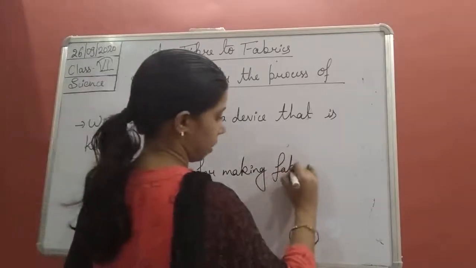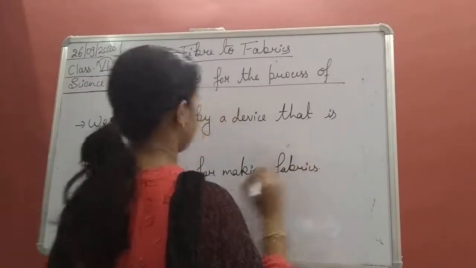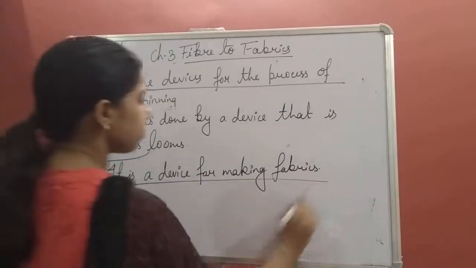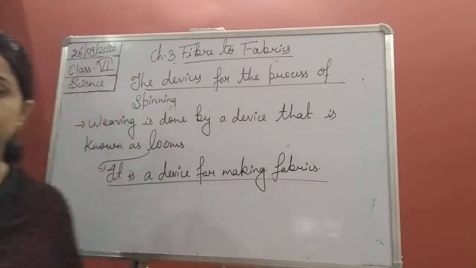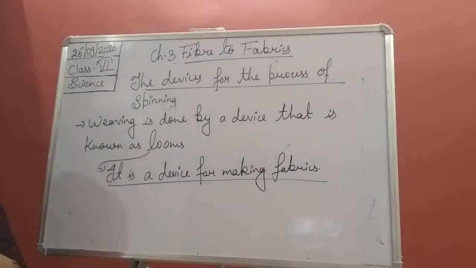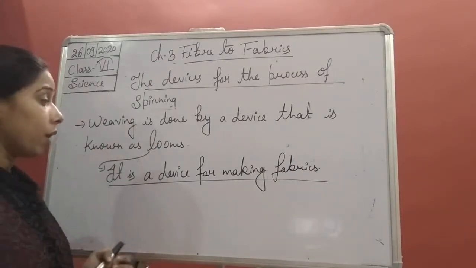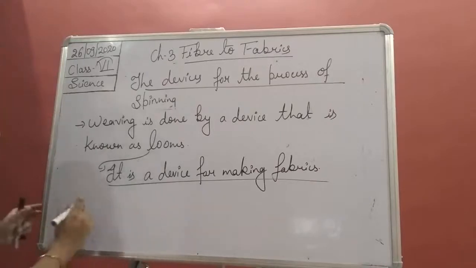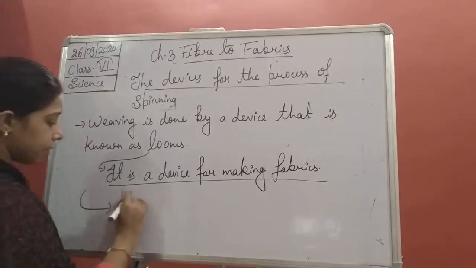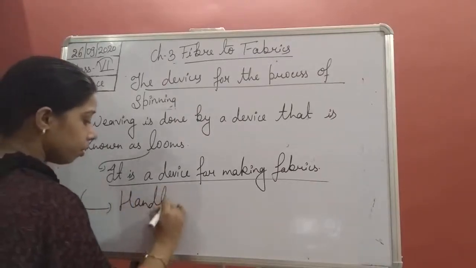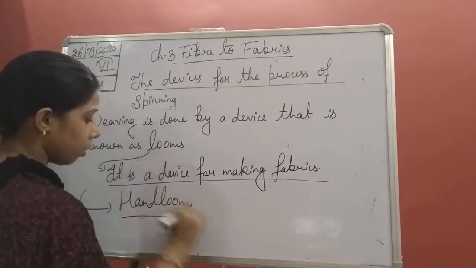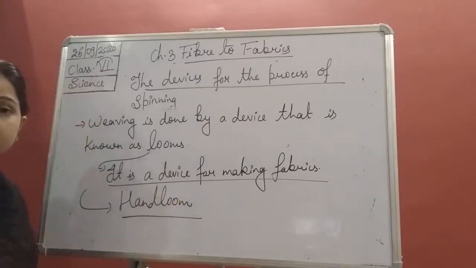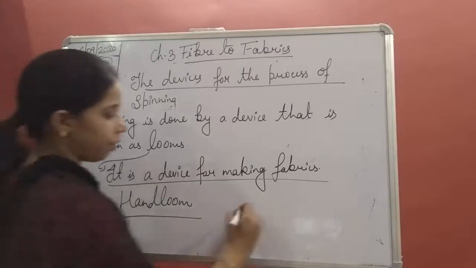It is a device for making fabric, students, that is the loom. Okay, so weaving. Now, loom is also divided into two. The first one is the hand loom and the second one is the power loom.